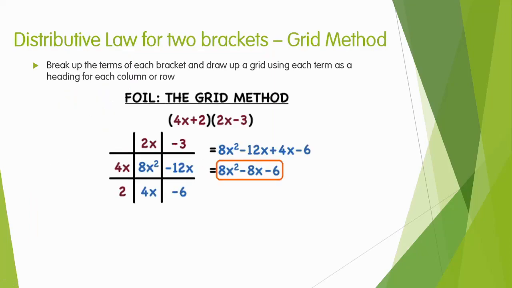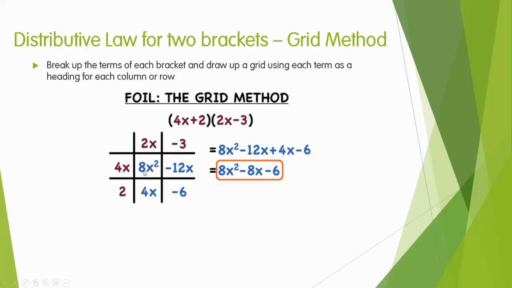This is where we set up a grid for our expression. So the way we do this is we break up these brackets into their terms. So we have 4x and 2, so 4x and 2 there, 2x and 3, 2x and minus 3 because that's a minus 3 there. We then multiply these columns and rows together.